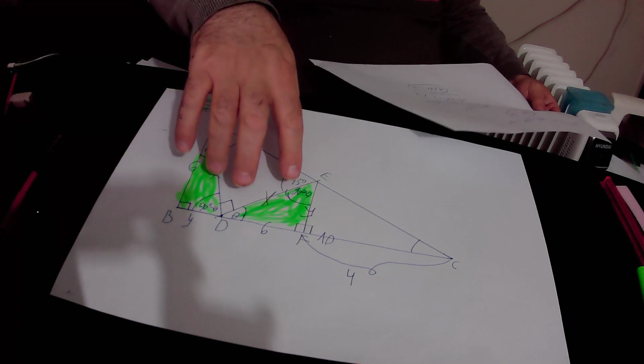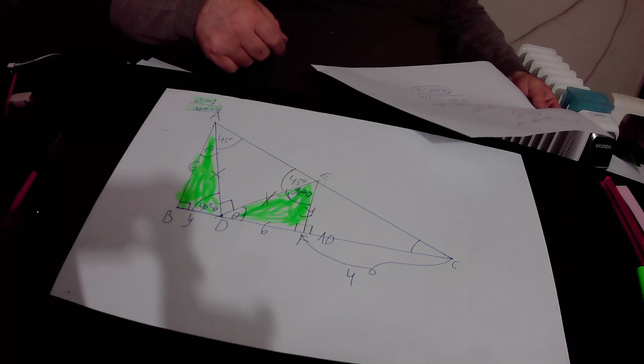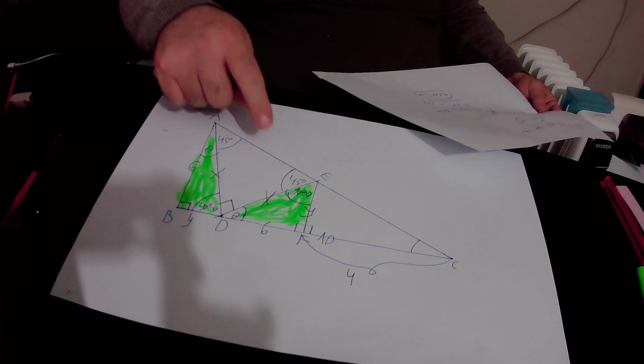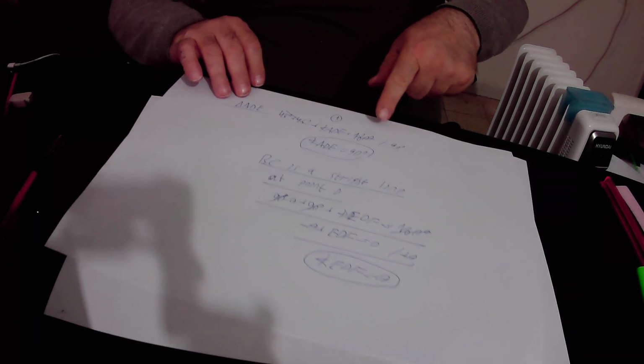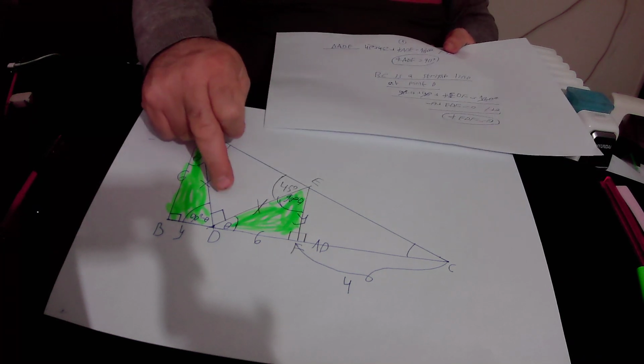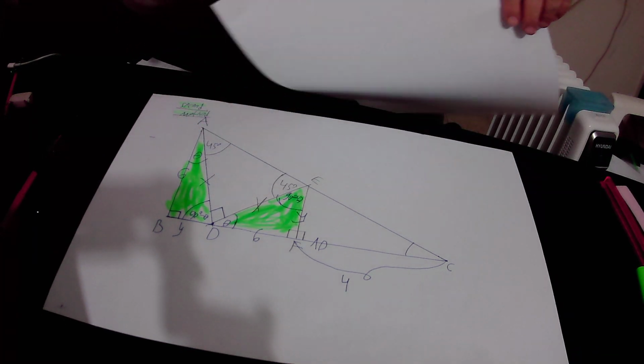In total, the sum of those three angles must be equal to 180 degrees. We subtracted 90 degrees from this equation and we found out that the missing angle, angle ADE, is a right angle. It is equal to 90 degrees.